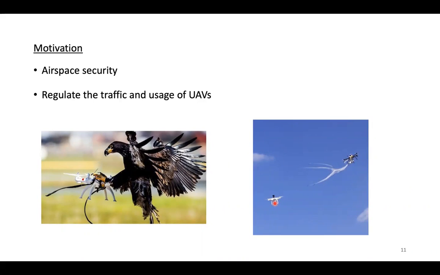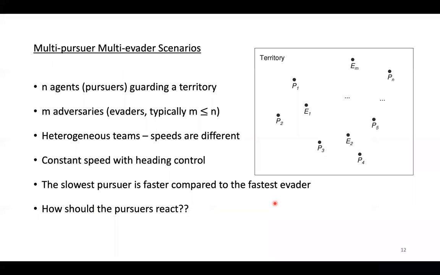This is an interesting problem where, let's say, given multiple drones in an airspace, how do you go about capturing all the drones with, let's say, another group of drones that you can deploy? So you can call this a multi-pursuer, multi-evader scenario. So given a territory, there are, let's say, E1, E2, and so on, EM, the rogue drones that you come across. You have, let's say, N agents that are guarding the territory, P1, P2, P3, so on, Pn.